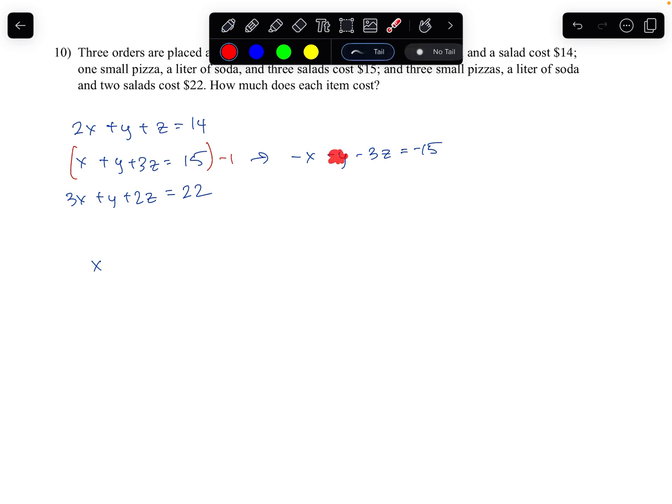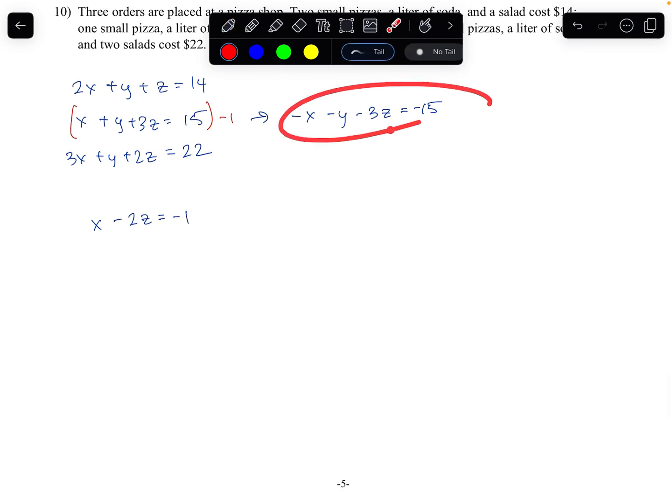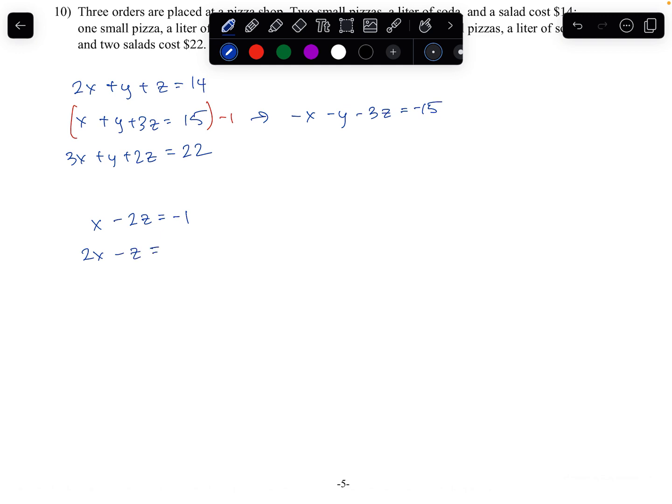The y's are going to cancel, right? Negative 3z and positive z, that's going to be minus 2z, and that's going to be equal to negative 1. Okay, I'll add this with this equation. 3x and negative x, that's positive 2x. Y and negative y, those cancel. And then I'll get negative z. And that's going to give me 7, I think. Right? 22, negative 15. I think that's 7.